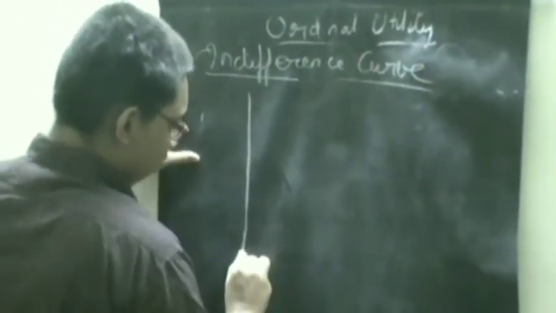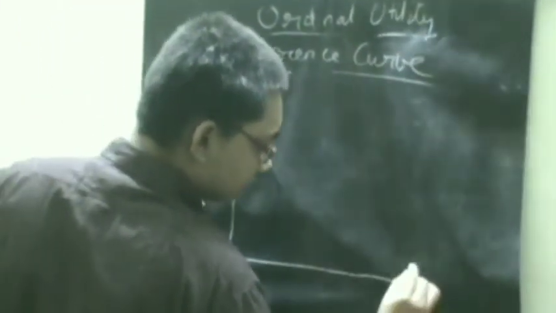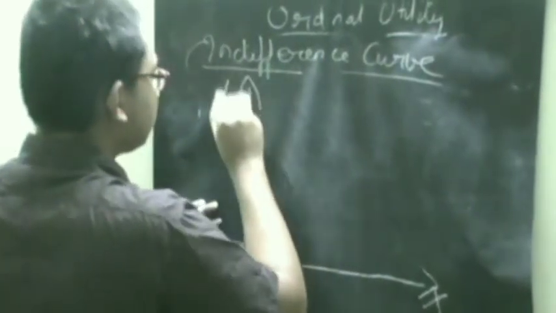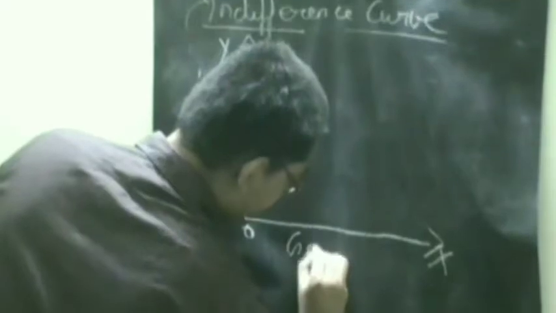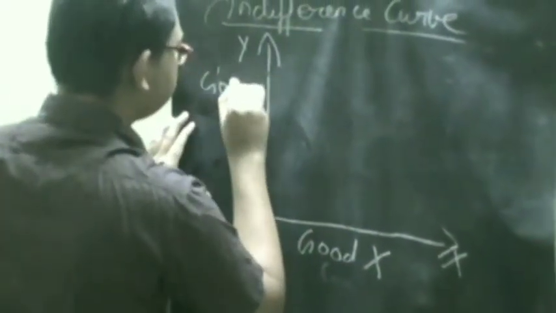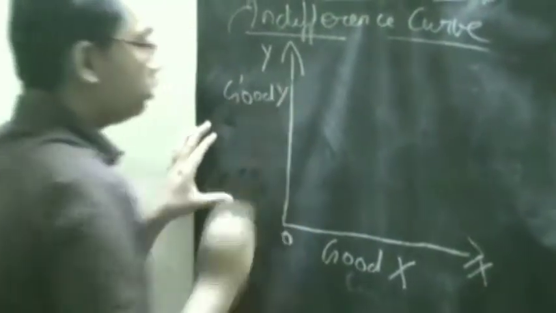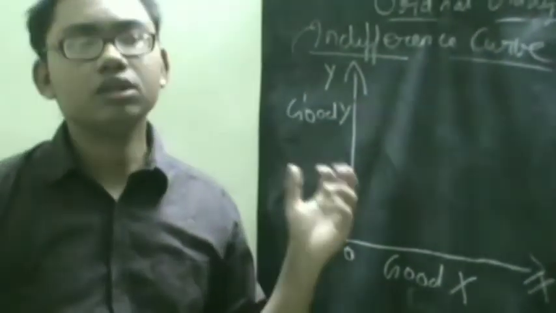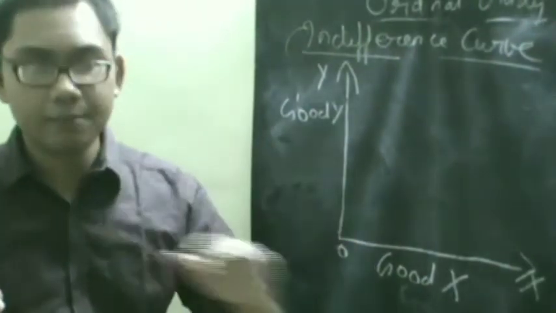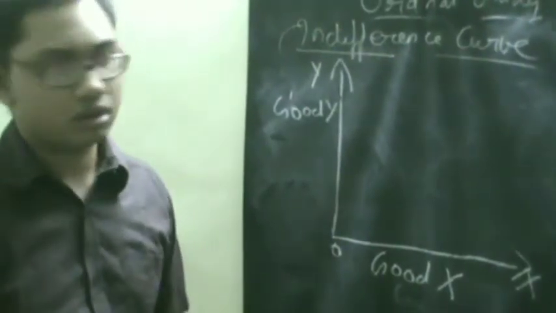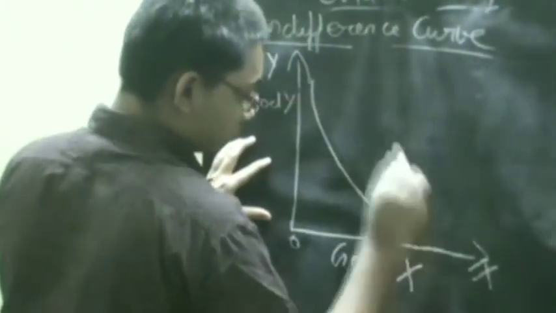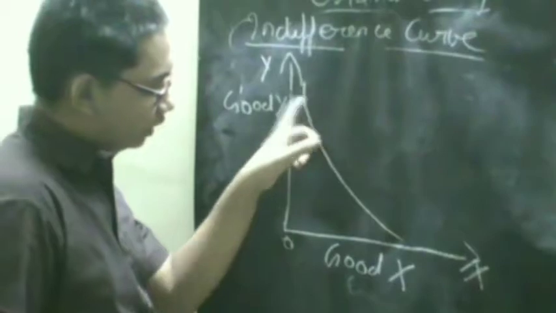It has 2 axes, X and Y, with good X and good Y. What does this curve do? This curve shows the combinations of two goods which yield the same level of satisfaction to the consumer. The shape of the curve will be like this. Okay, it will not touch either of the axes.